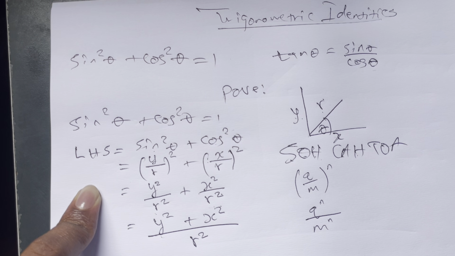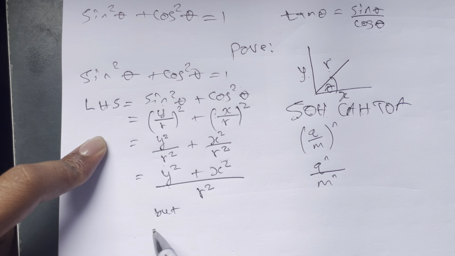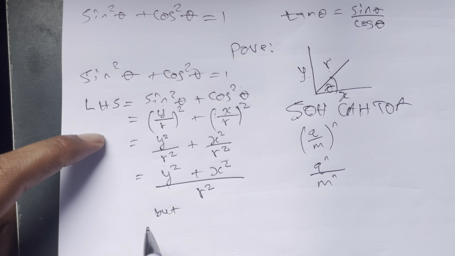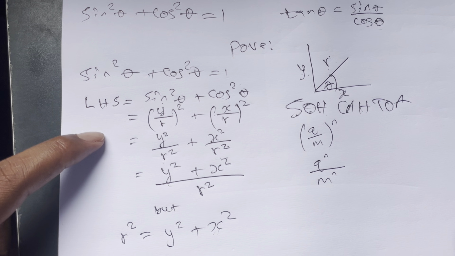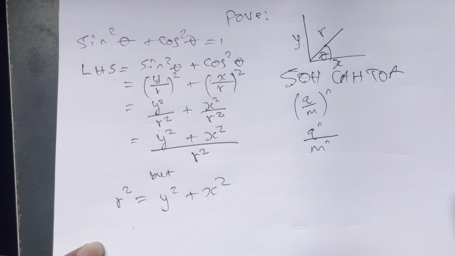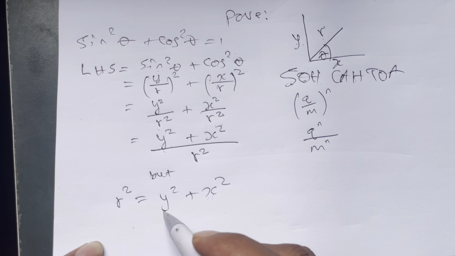But you have the theorem of Pythagoras, which says that r squared equals y squared plus x squared. The square on the hypotenuse equals the sum of the squares on the other two sides. So that means now you can substitute y squared plus x squared as r squared.